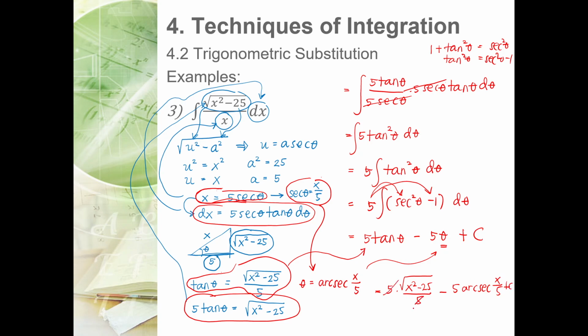So eliminating 5, the final answer is the square root of x squared minus 25, minus 5 arc secant of x over 5, plus c.